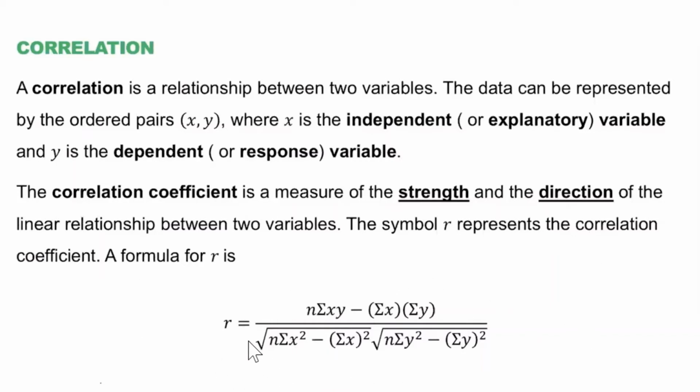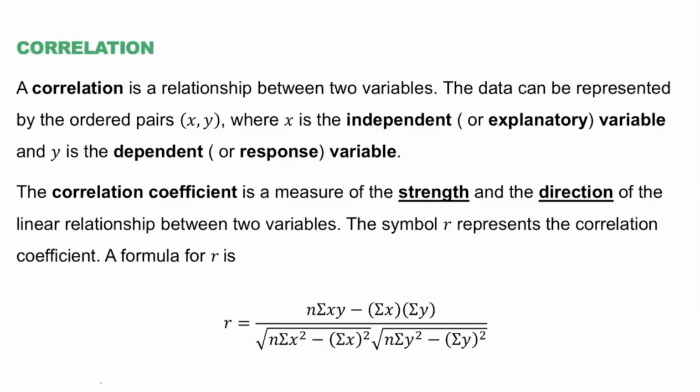What I want you to do is quickly copy that formula on a sheet of paper, because we are going to use it in the next slide. Please copy the formula. R is equal to N times, in the numerator, the sum of XY minus the sum of X multiplied by the sum of Y, all divided by, in the denominator, two square roots. In the first square root, N times the sum of X squared minus the sum of X, quantity squared.